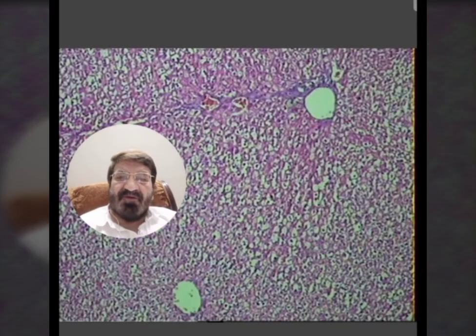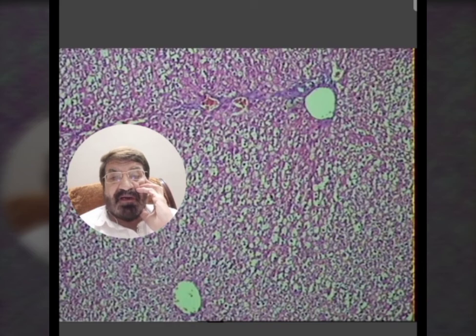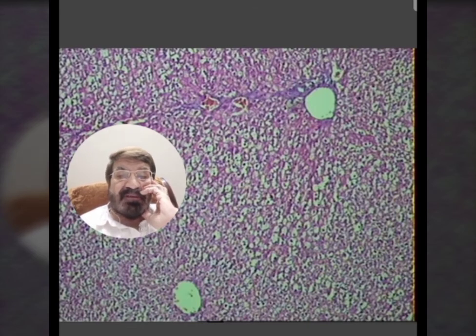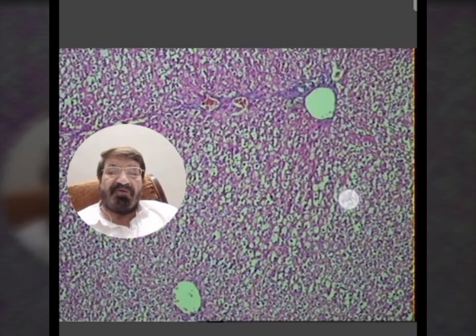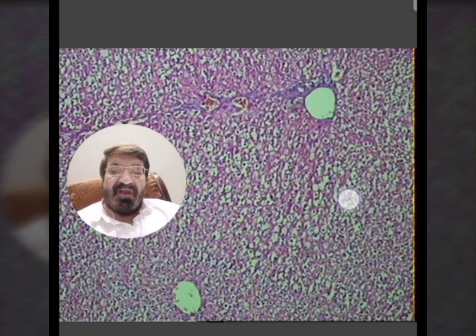This is the slide of the liver. You can see the central veins and the radiating cords. So the liver, when we see under the microscope, there are pentagonal or hexagonal areas which are surrounded by the connective tissue septa or trabeculae. But in the human being, these trabeculae or septa are not very well demarcated.